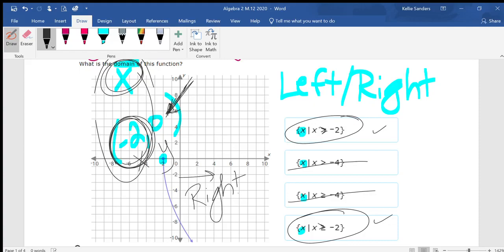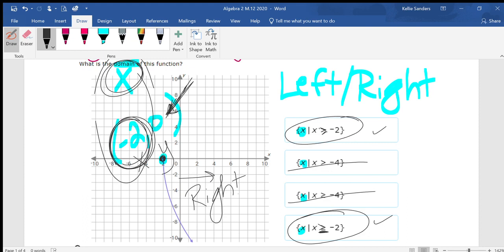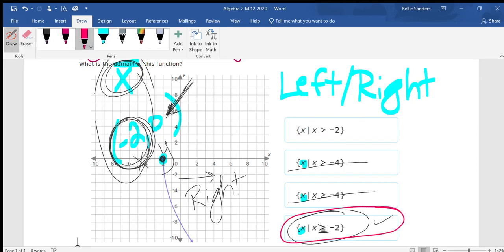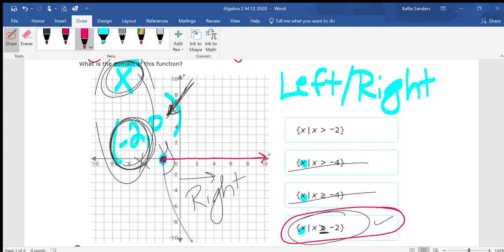But this point is closed, and if it's closed, then it means it's equal. Here's a hint. It's always going to be closed on these questions. So your answer is x is going to be any number greater than or equal to -2. It's going to start at -2, and every x that's being used is going to be to the right of -2.